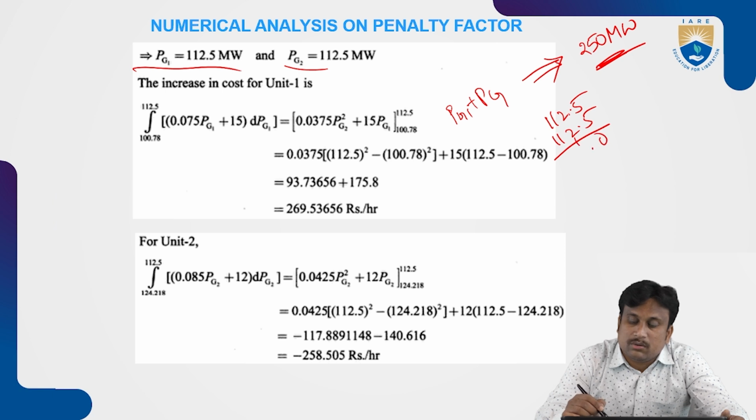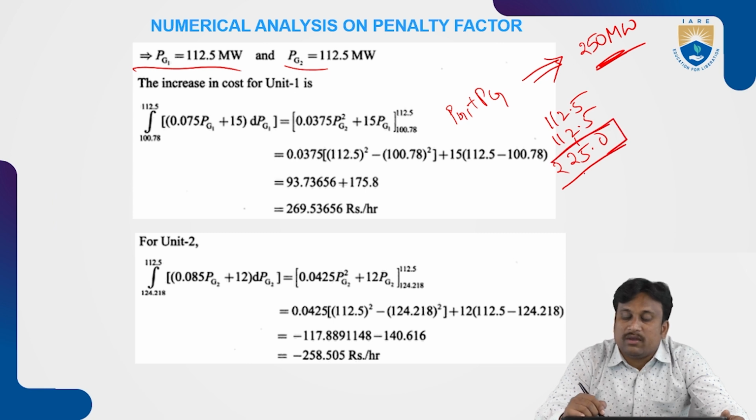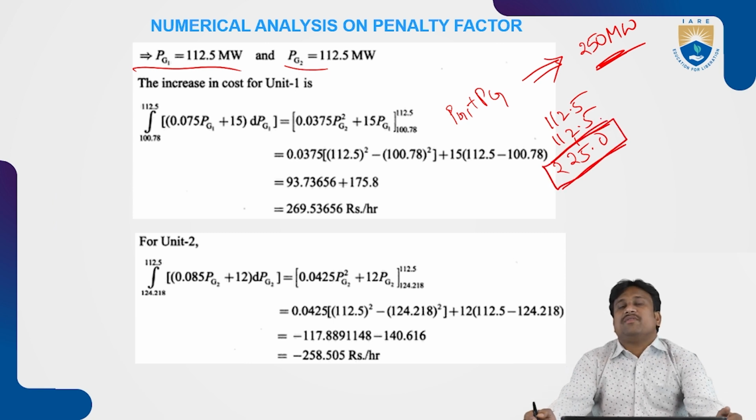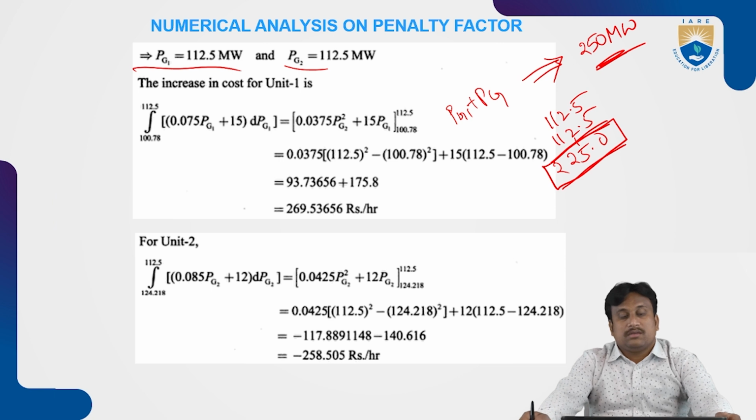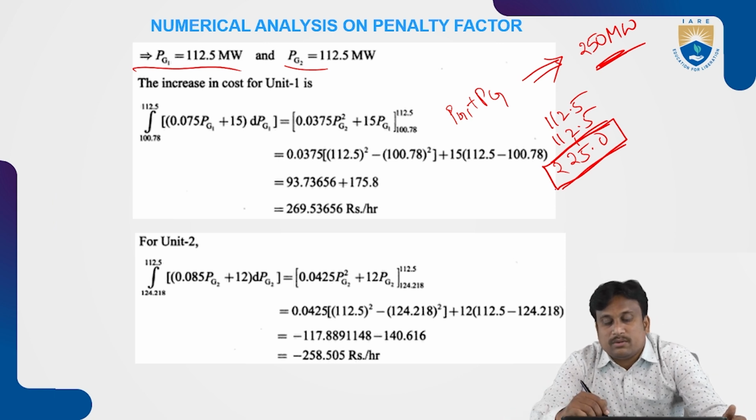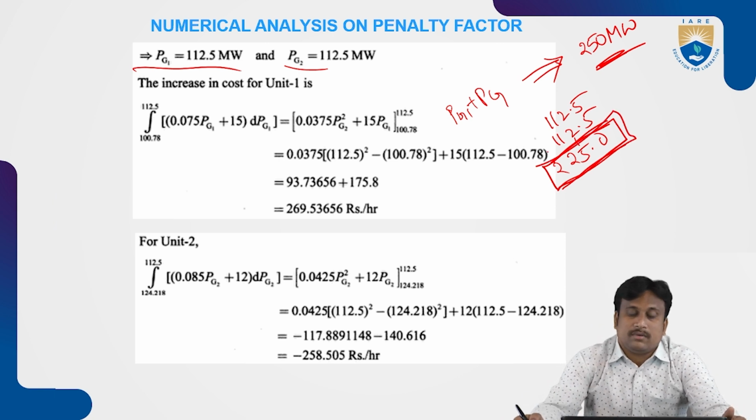This is equated to what we solved for the first and second units, where PG1 and PG2 also gave 225 megawatts.